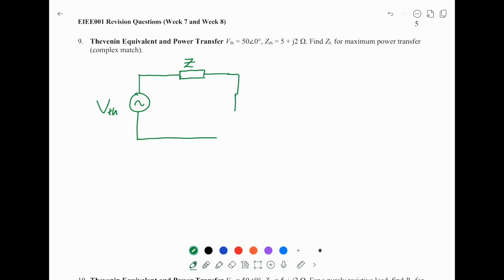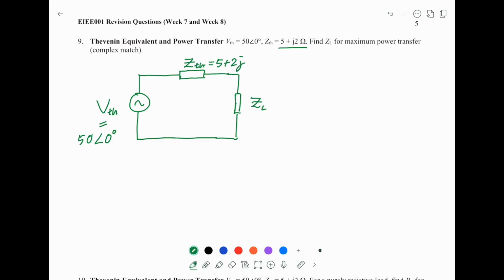Now this load itself has two different cases. If the load itself is a complex impedance, it means it contains an inductor or capacitor. Let's put the values on our diagram. This is 50 volt with 0° phase shift. The Thevenin impedance ZTH is equal to 5 plus 2j in ohm, of course.